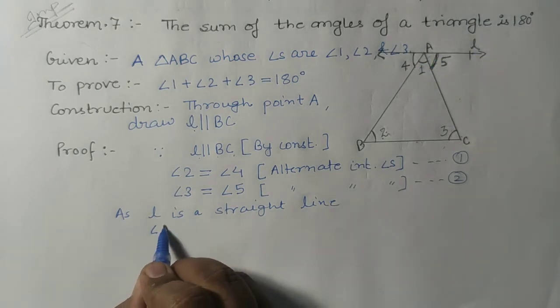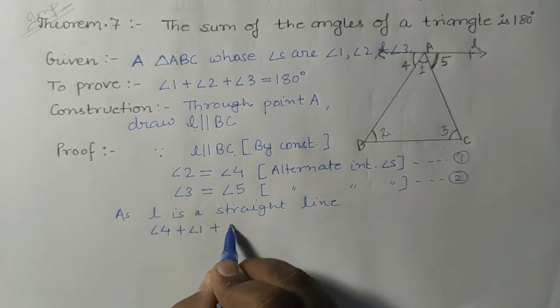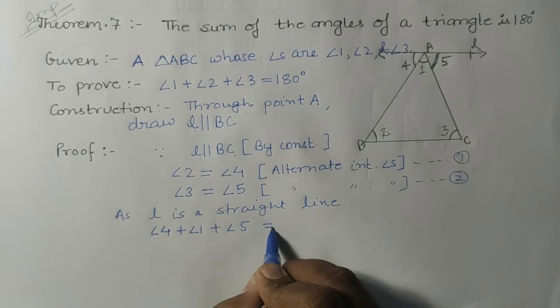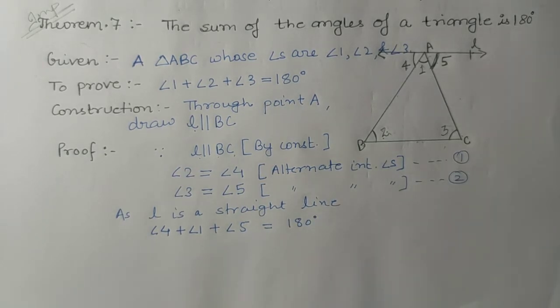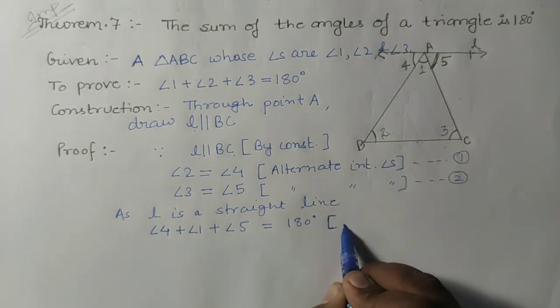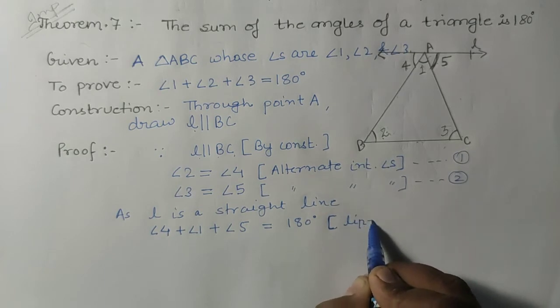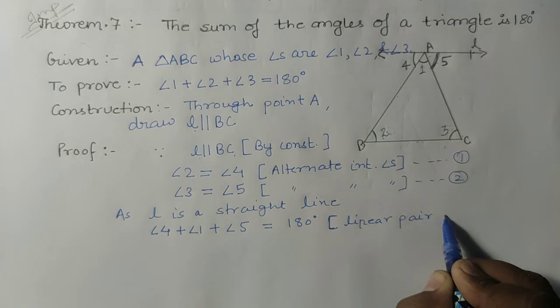So we can write here that angle 4 plus angle 1 plus angle 5, the sum of all these angles will be what? It will be 180 degrees. What is the reason behind it? The reason is that they are linear pair angles.